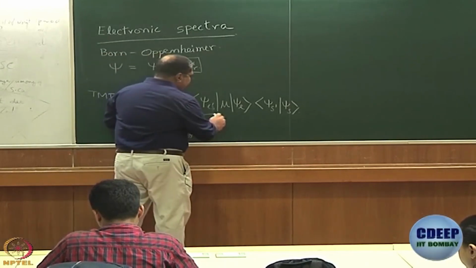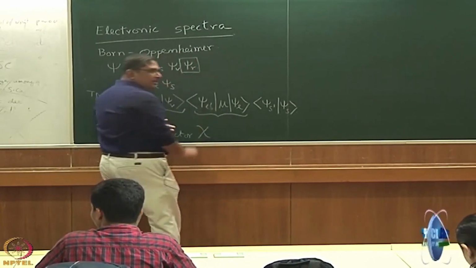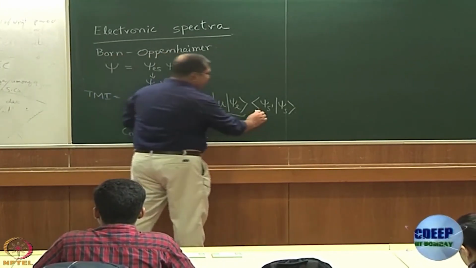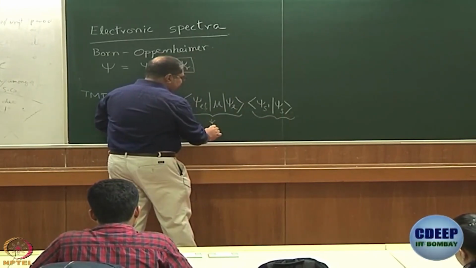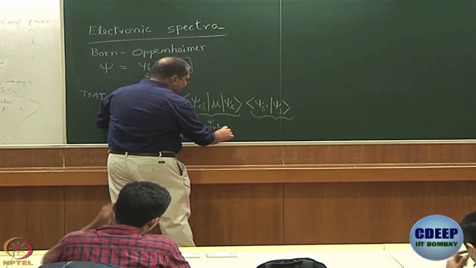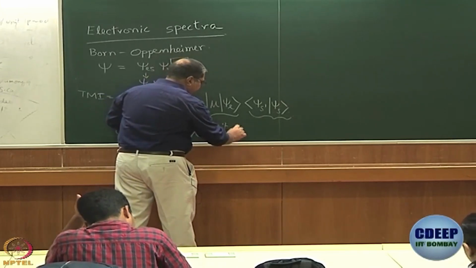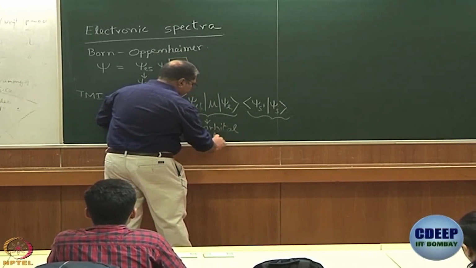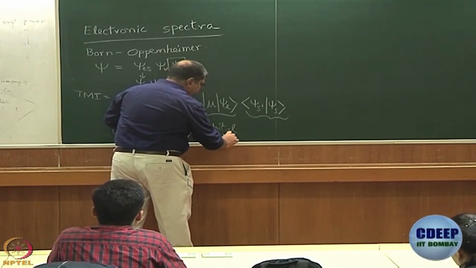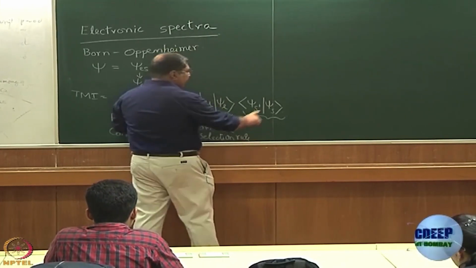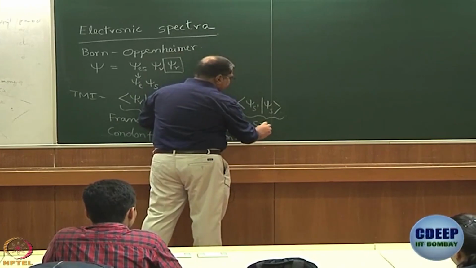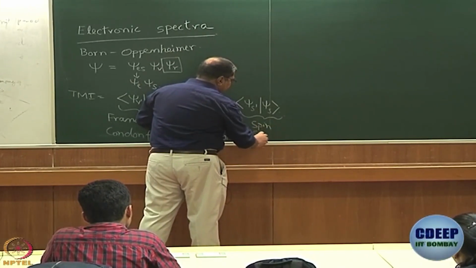But what determines whether the transition will take place or not are these two integrals. If this one is non-zero, that gives rise to the orbital selection rule, and if this one is non-zero, that gives rise to the spin selection rule.